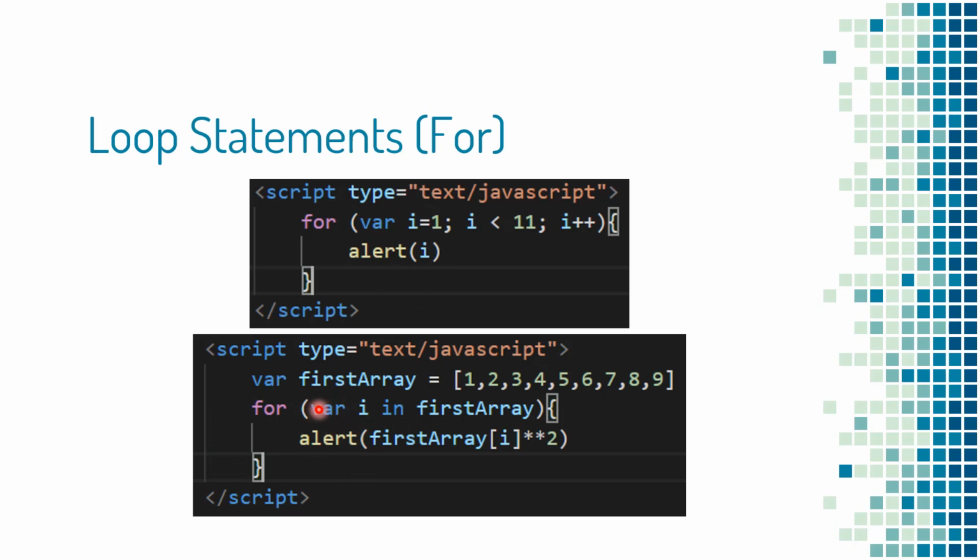So for var I in, the array variable, it's going to iterate over all these array elements and try to perform some action. In this one, it performs one thing, which is to square each number in this array.